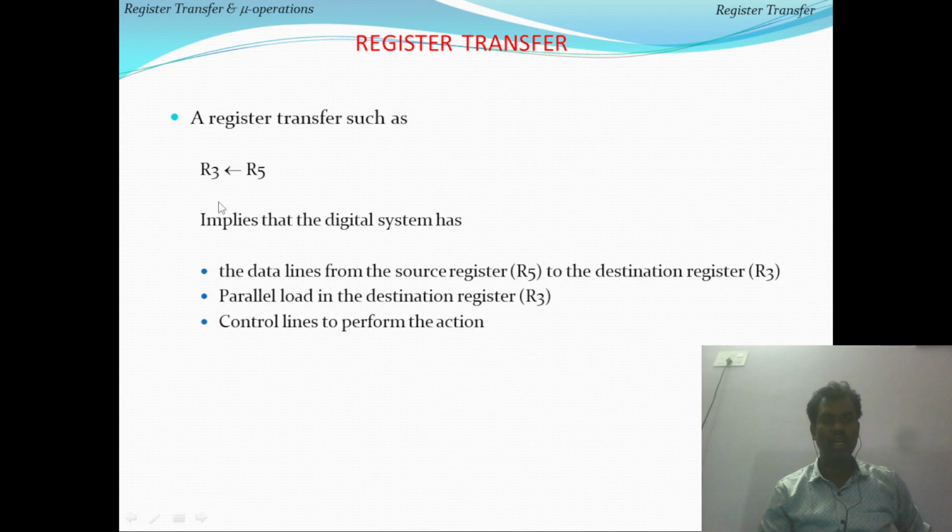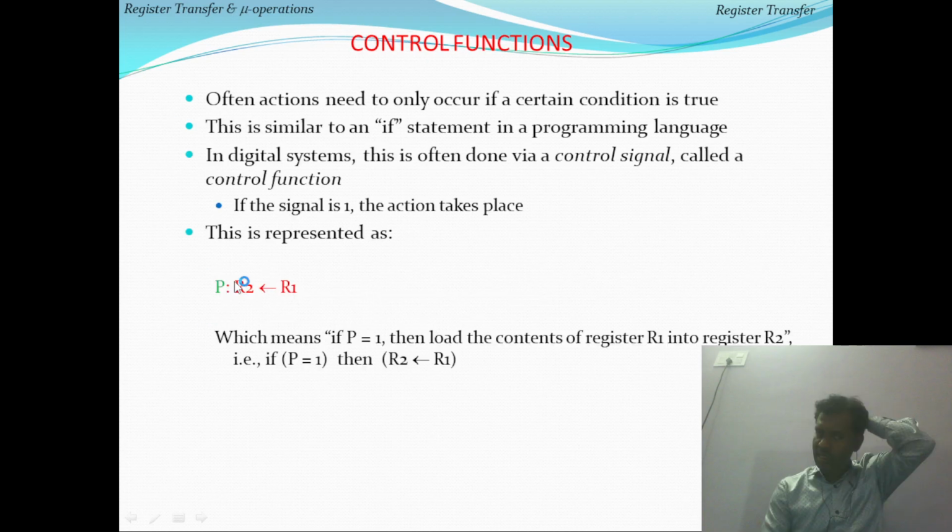It is indicated in register transfer language like this: P colon R2 ← R1. P is the condition, and the colon is used to represent a conditional control transfer. Based on the condition, the transfer will take place. Only if the condition is true will the transfer take place.